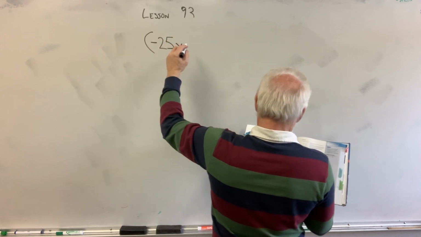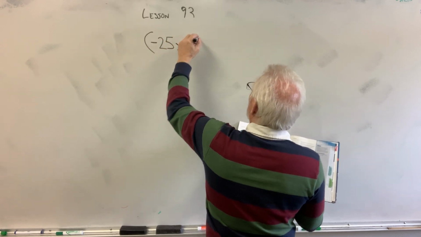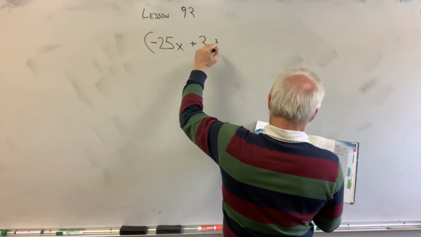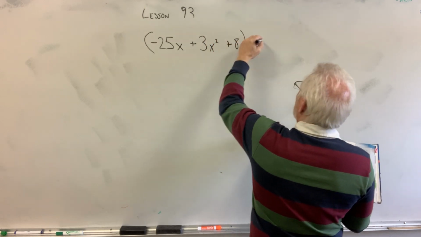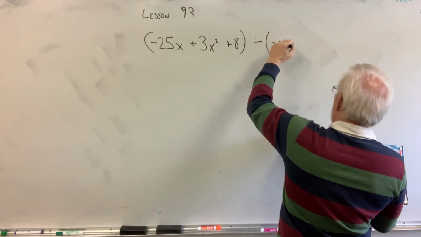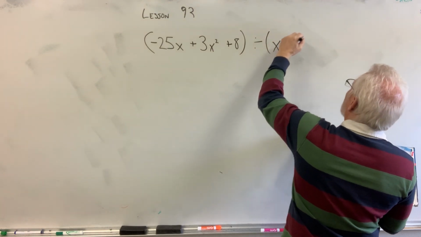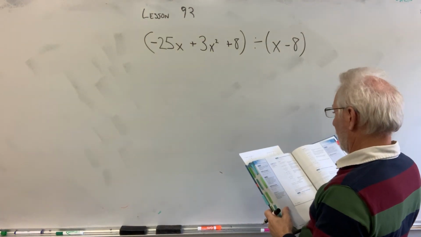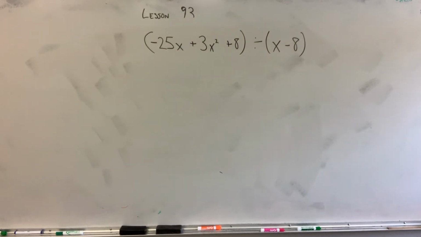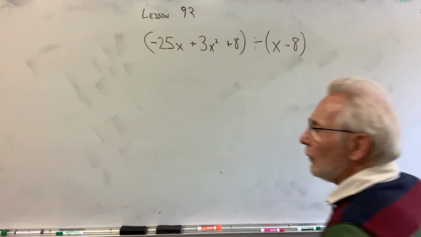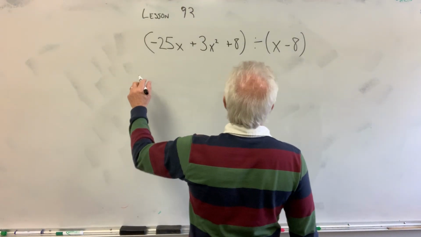Negative 25x plus 3x squared plus 8 divided by x minus 8. All right, double check myself here. All right, so here's what you're going to do with this, though, is we are going to write this differently.